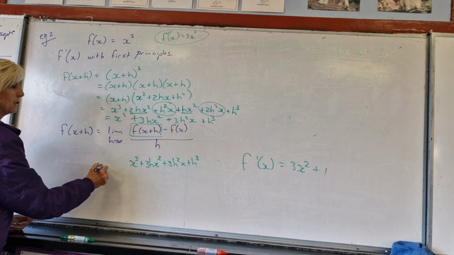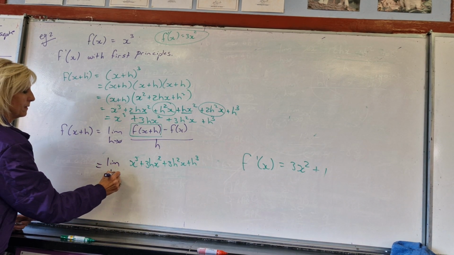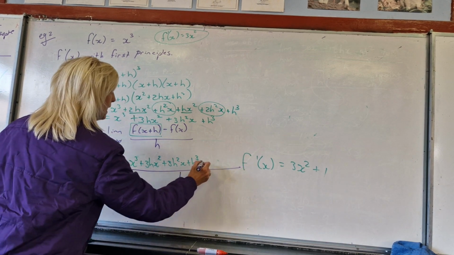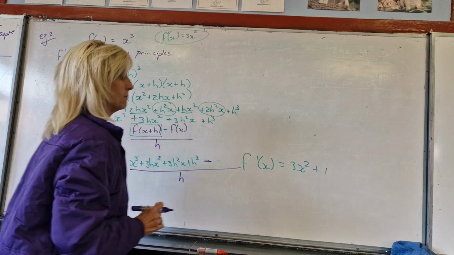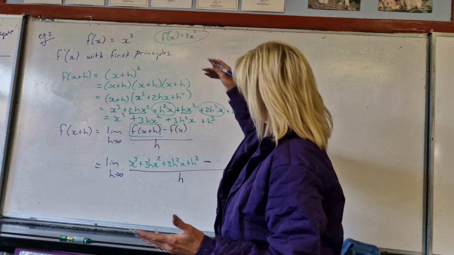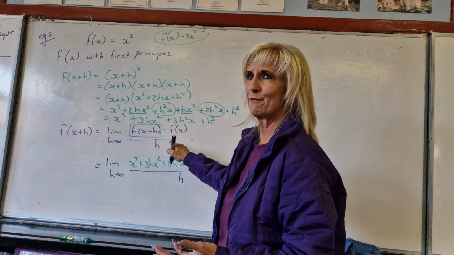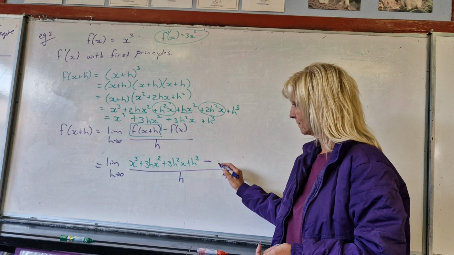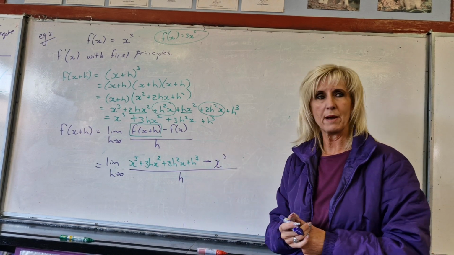Inside of my formula, lim h tends to 0 over h, and then this minus will be minus what? Where's f(x)? It's just the original x to the power 3.